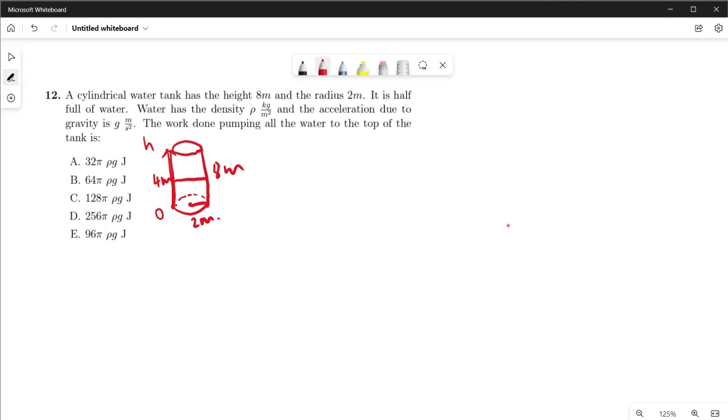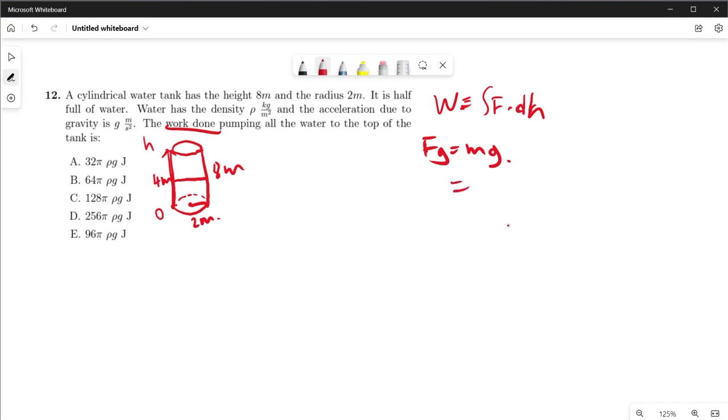But we're to find the work, right? Work done is the integral of force times distance, dh in this case. The force in this case would be the gravitational force opposing our work, opposing our pump, pointing downwards. So the force of gravity is mg, m being the mass and g being the gravitational constant.